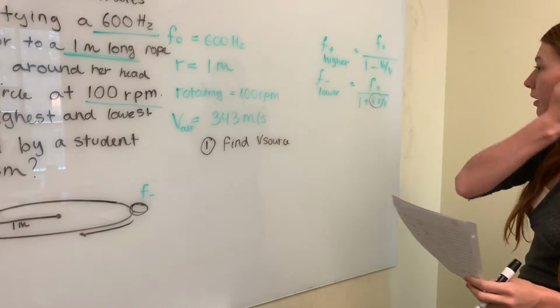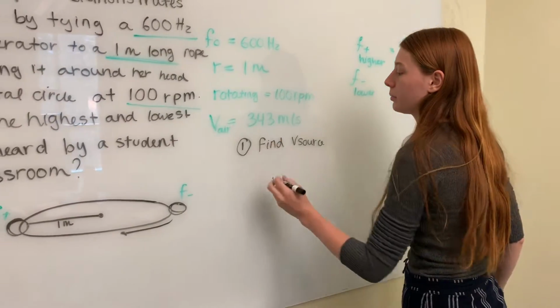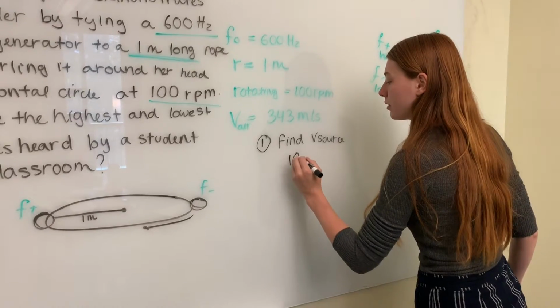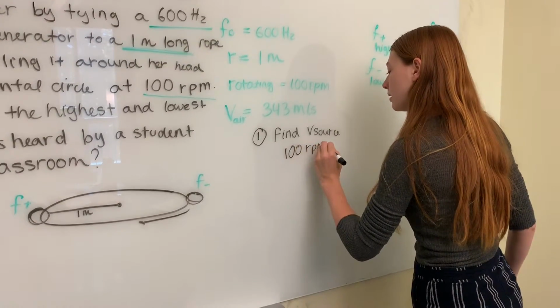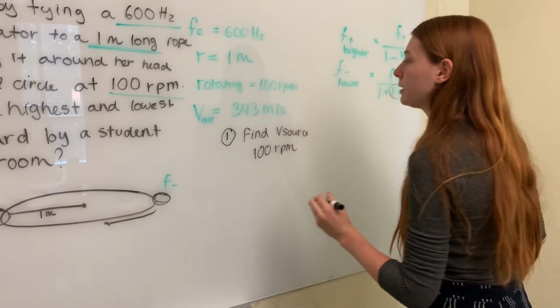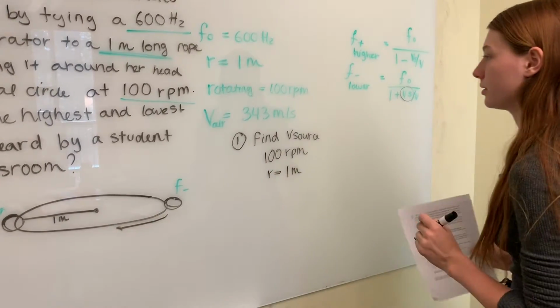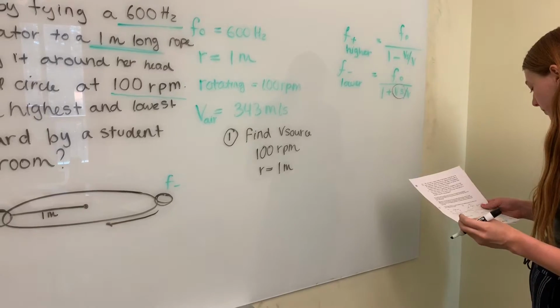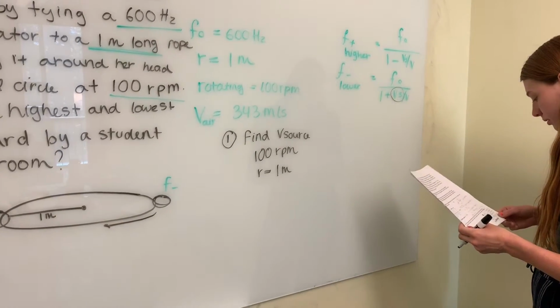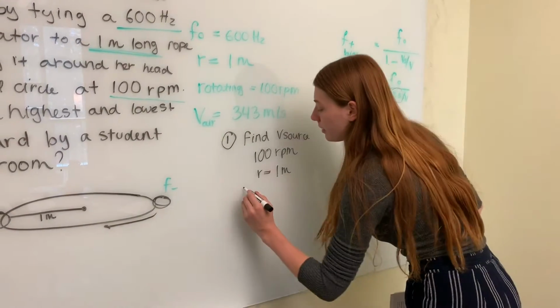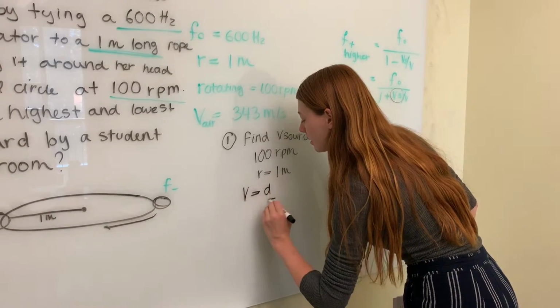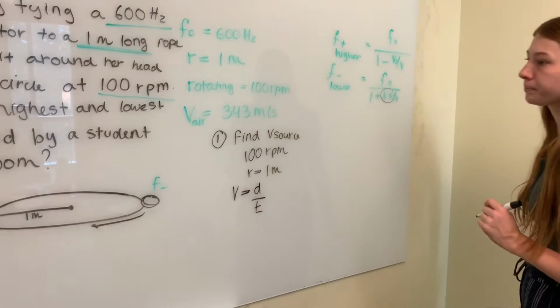So we are given some key points here. We're given that it's rotating at 100 RPMs, and we're also given that the radius of the circle is 1 meter. So let's look at my notes real quick. We also know that V equals the distance over the time.